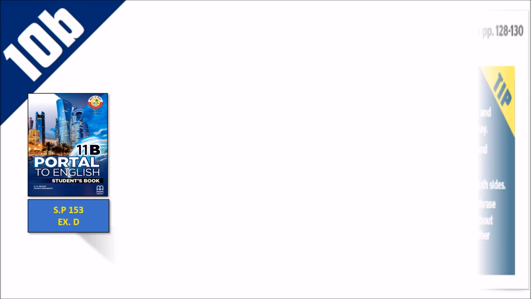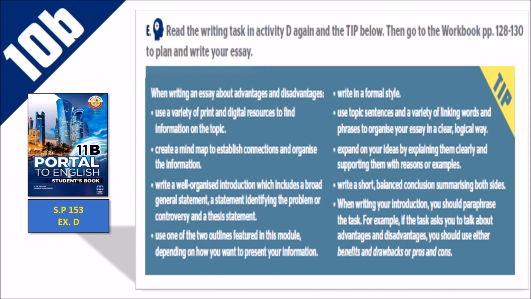Please open your student book, page 153, exercise D. Read the writing task in activity D again and the tab below. Then go to the workbook, pages 128 to 130 to plan and write your essay.